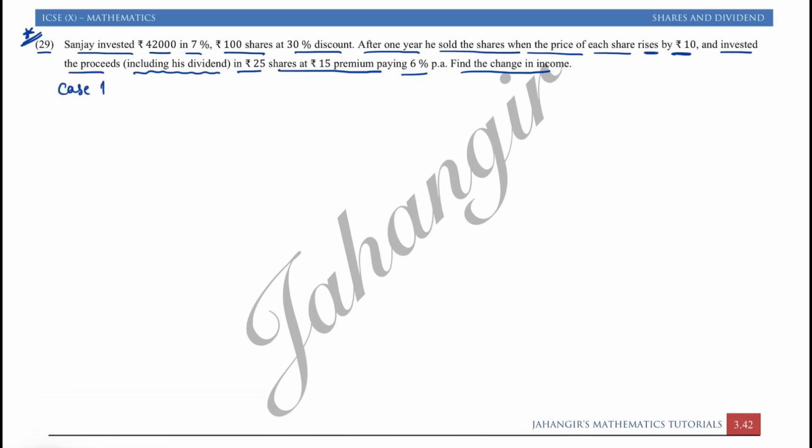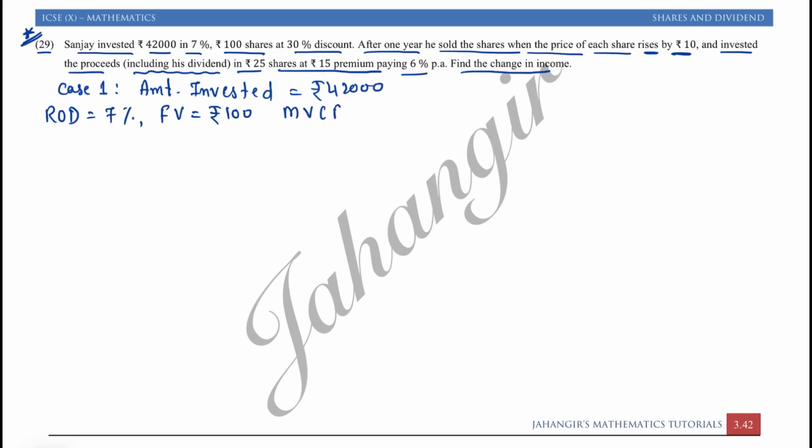In case 1, the information we have is first the amount invested, rupees 42,000, paying ROD 7%, whose face value is rupees 100, and the market value at the time of buying is 30% less. 100 minus 30%, let me write it down.